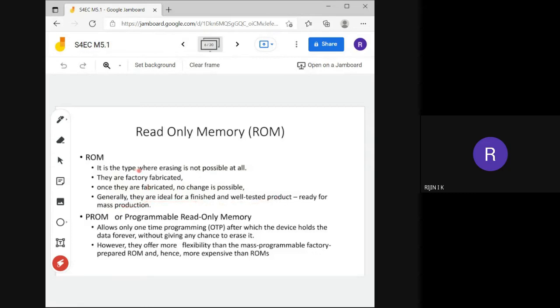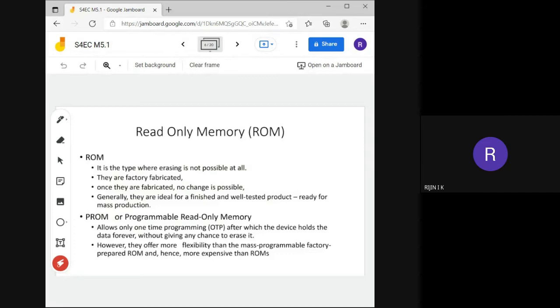That's all about ROM. Then another one is called PROM memory, or programmable read-only memory. We also call these kinds of memory OTP memory, that means one-time programming memory.